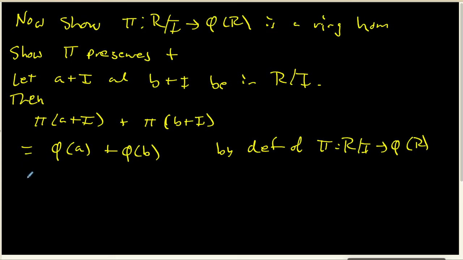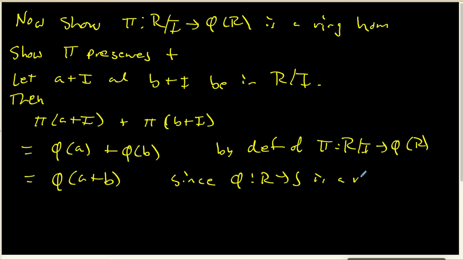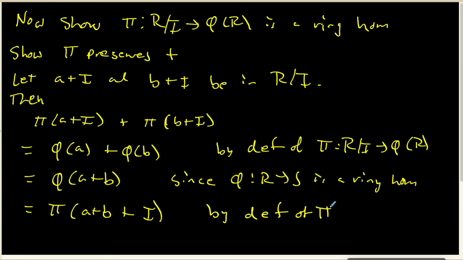But phi itself is a ring homomorphism, and so I know that phi of A plus phi of B is phi of A plus B, since phi takes R into S and is a ring homomorphism. But the definition of pi says that phi of A plus B is just pi of A plus B plus I. So that again is the definition of our map pi.